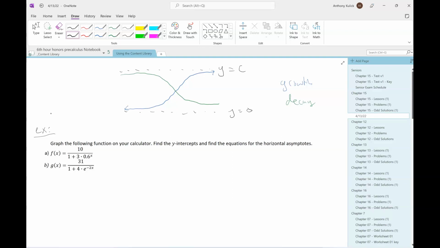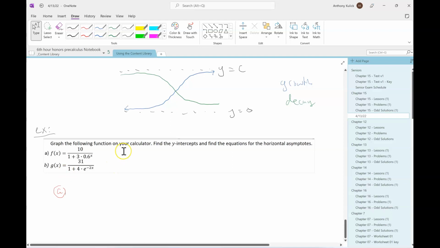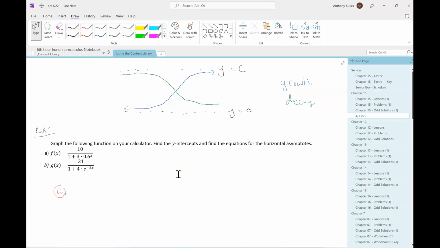Okay. So it says to find the y-intercept, and then the equations for the horizontal asymptotes, and to graph it on the calculator. I'm going to do all the graphing at the end. We're going to do all the algebraic parts here that I have to write down, so I'm not toggling back and forth between calculator and screen all the time. Is that cool with you guys?